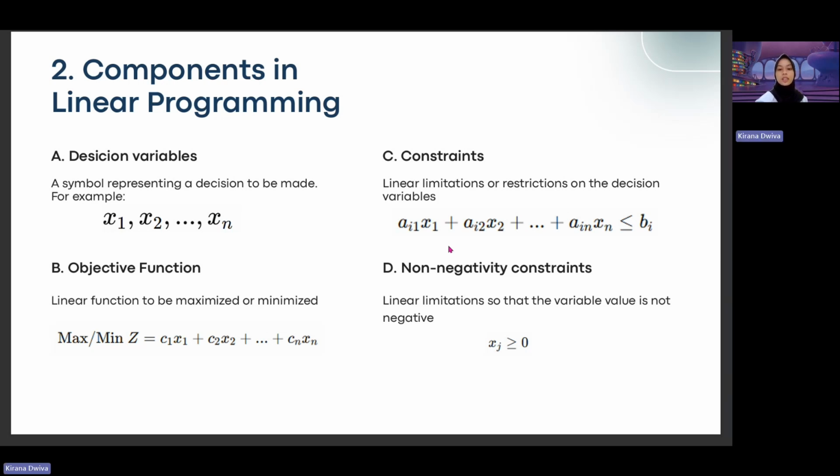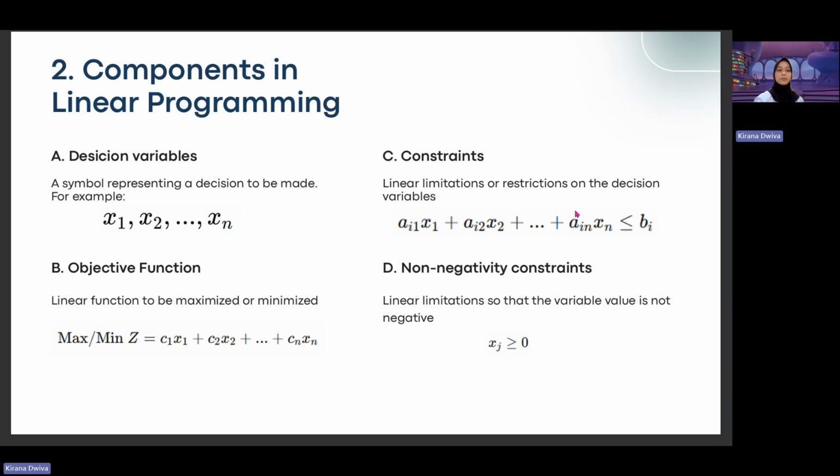The third one is constraints, linear limitations or restrictions on the decision variables, with the form ai1x1 plus ai2x2 ... ainxn less than or equal to bi.